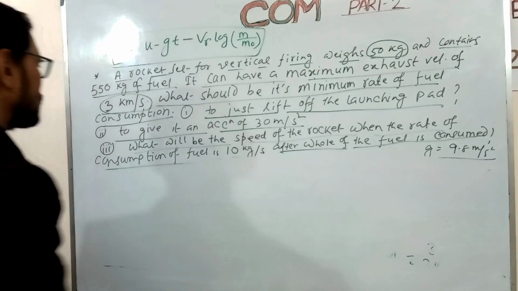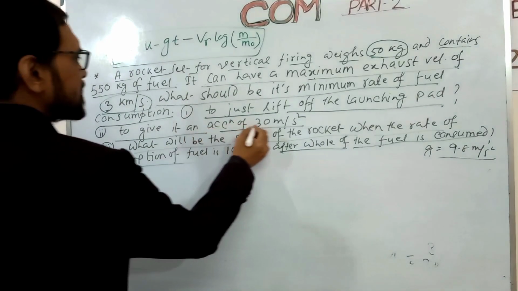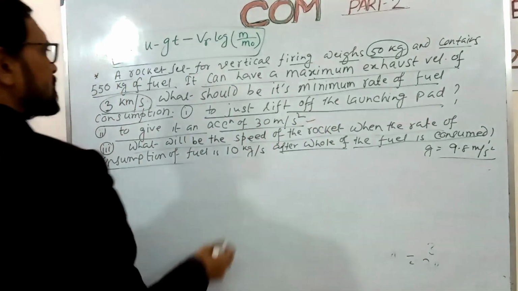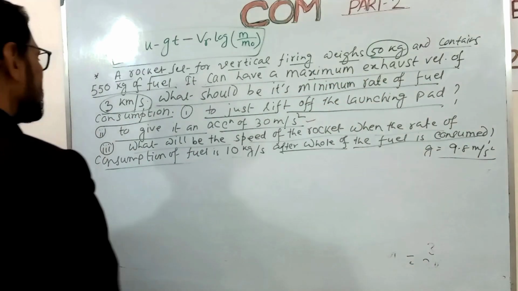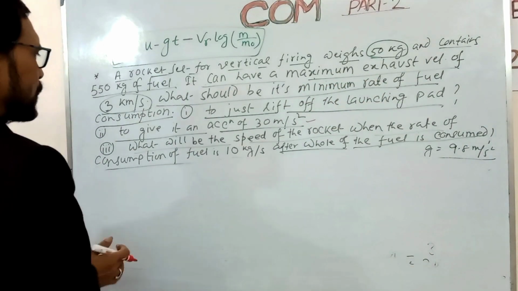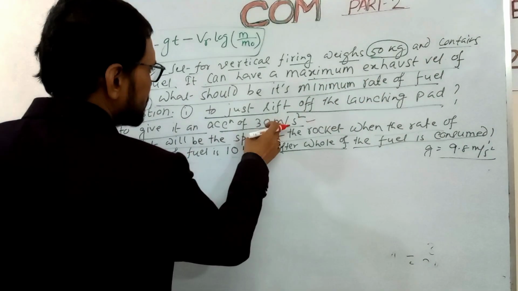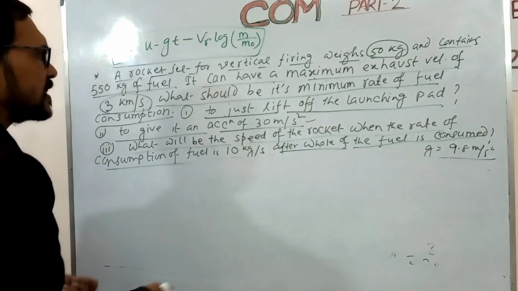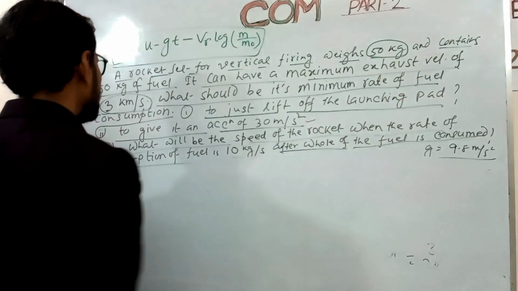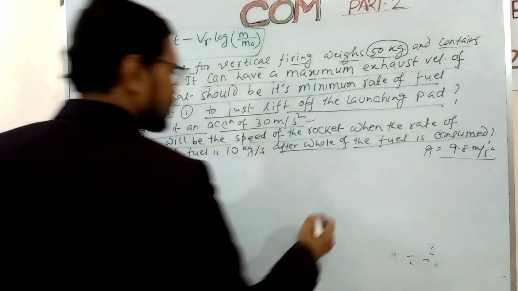What is the second question? To give it an acceleration of 30 meter per second squared, what is the minimum rate of fuel consumption? To give this acceleration to the rocket, the rate of fuel consumption should be increased.